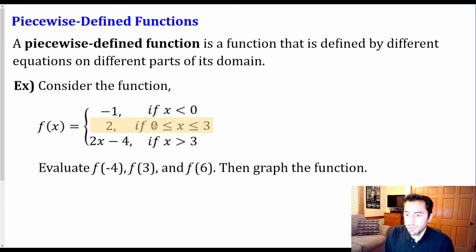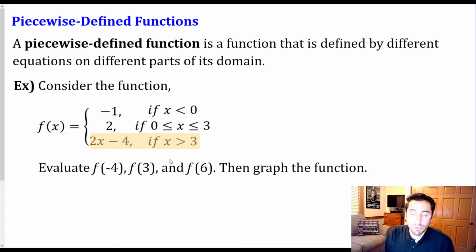So at 0, now my second restriction here is for everything such that x is in between 0 and 3. So for all of those values of x on that interval, my equation is defined by 2. And lastly, once we get to 3, we make our last switch, and now my function is defined by the last equation. So 2x minus 4 for every value of x that is bigger than 3.